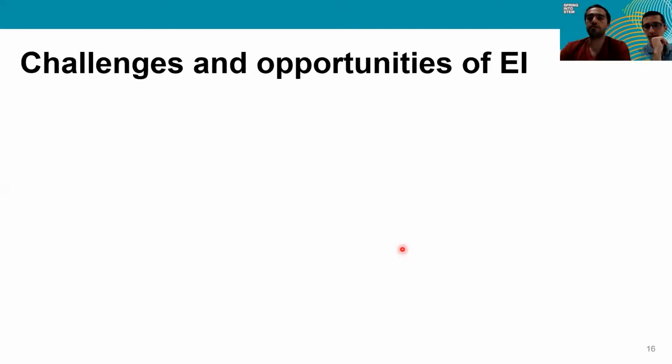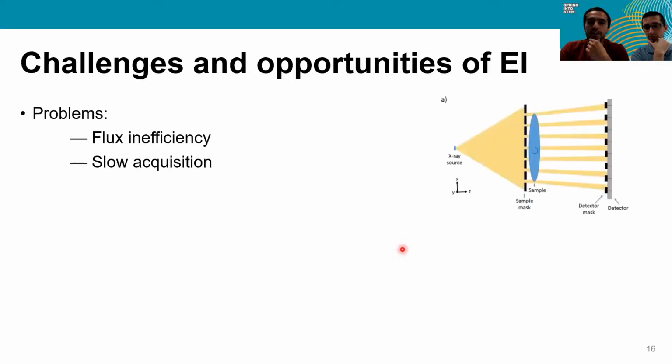So as with any other research strand, there are always challenges and opportunities. Well, challenges to translate it towards clinical practice, and edge illumination has some of them, particularly because, as you saw, you collimate the beam and you need to translate this mask to acquire what we said was the illumination curve, but you also have hidden parts of your sample.